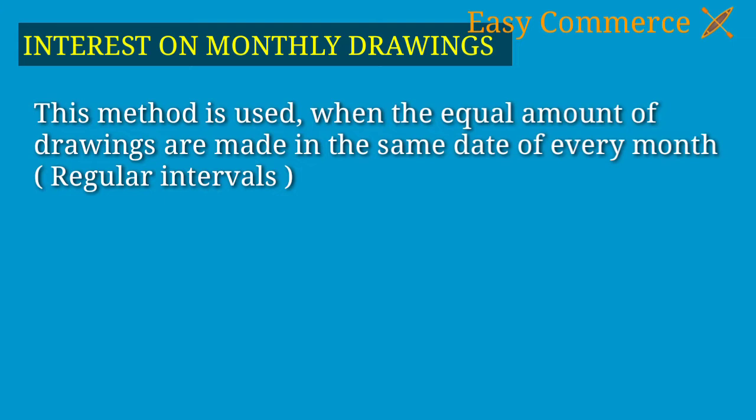By regular basis, we mean that drawings are made every month and the amount withdrawn by the partner is the same every month. In irregular method, date and drawings amount are different, but in regular basis, date and amount are the same every month. This method is used when equal amounts of drawings are made on the same date of every month.